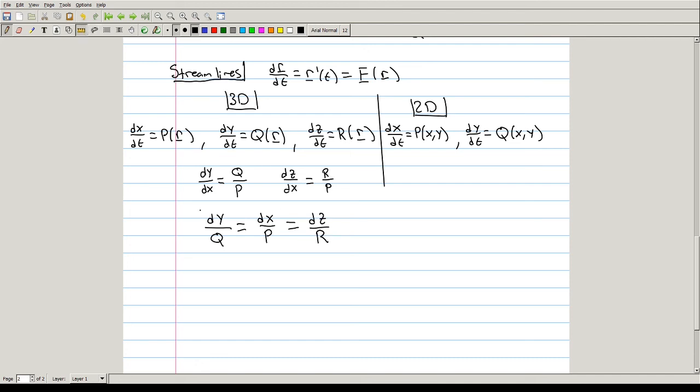So solving this system of differential equations is the same thing as solving the system right here in 3D.